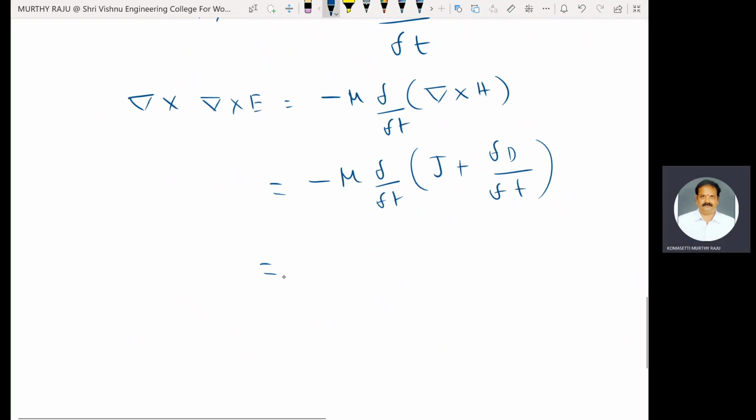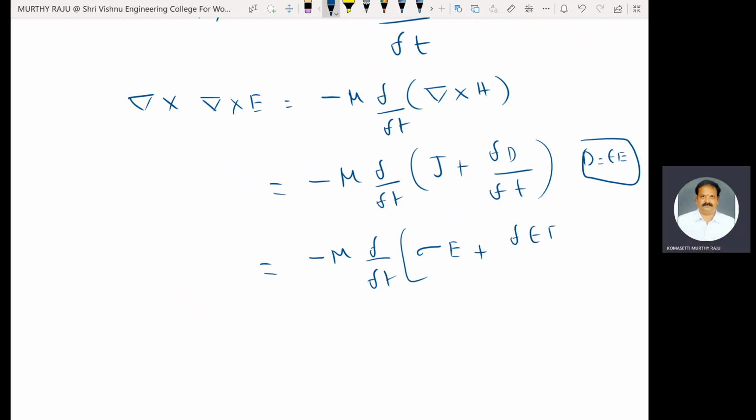J is equal to sigma E, D is equal to epsilon E. Therefore, minus mu dou by dou t of sigma E plus epsilon dou E by dou t. D is equal to epsilon E, so we write epsilon dou E by dou t.